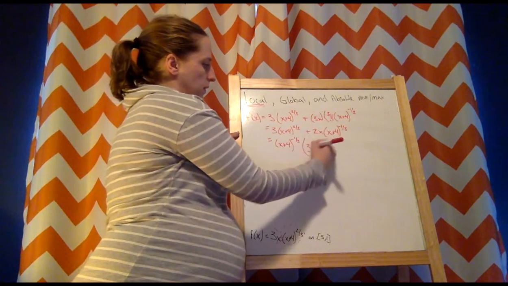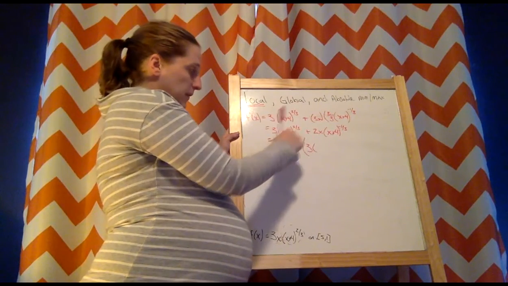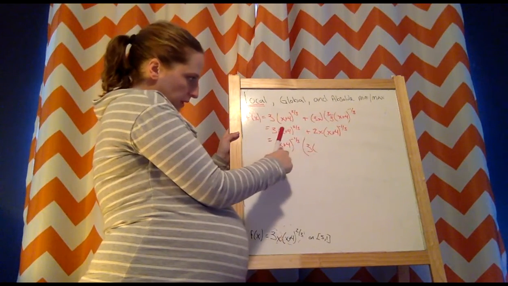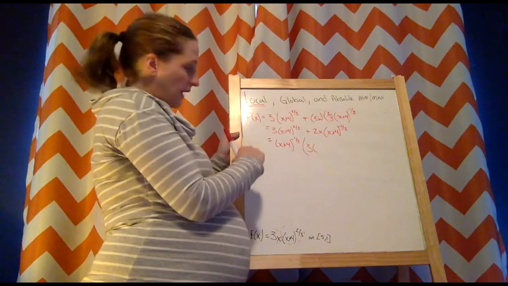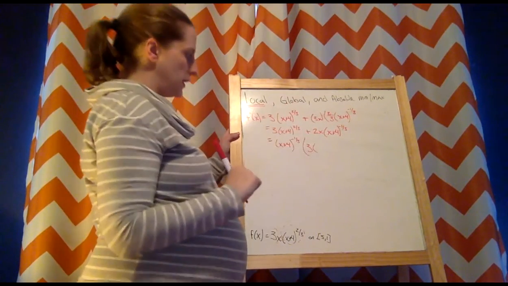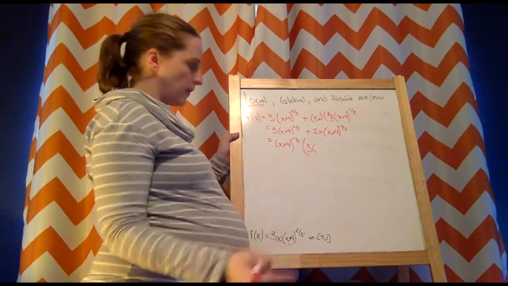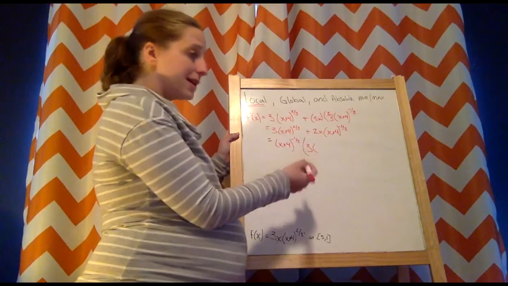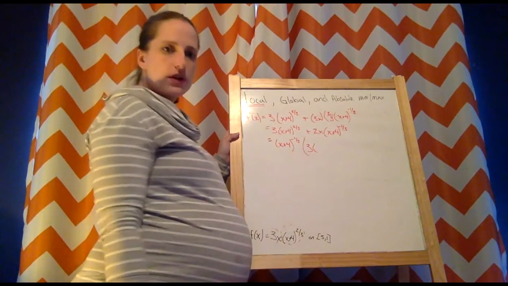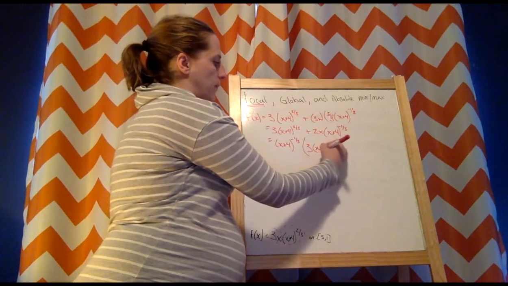That's going to leave me with 3 times, remember, when we divide (x plus 4) to the 2/3 by (x plus 4) to the negative 1/3, which is what we're doing when we're factoring out, we're really taking exponent 2/3 minus exponent negative 1/3. 2/3 minus negative 1/3 is 2/3 plus 1/3, which is 3/3, or just 1.